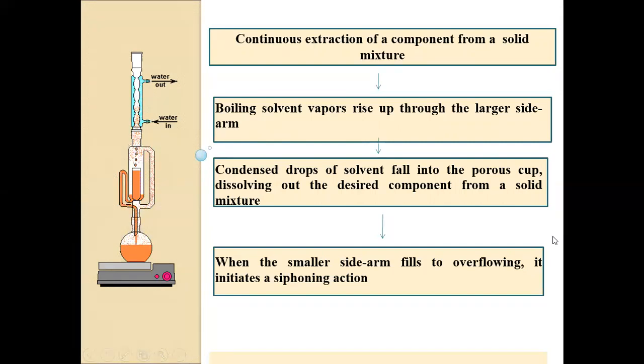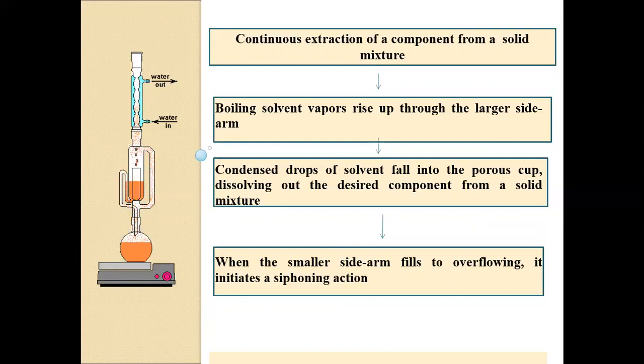So the procedure of Soxhlet extraction: it is a continuous extraction of components from a solid mixture. Boiling solvent vapor rises up through the larger side arm, and condensed drops of solvent fall into the porous cup, dissolving out the desired components from a solid mixture.